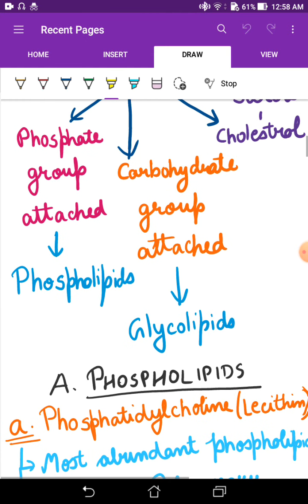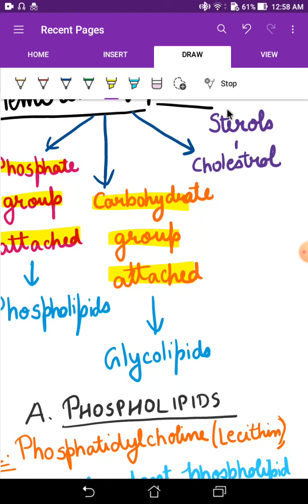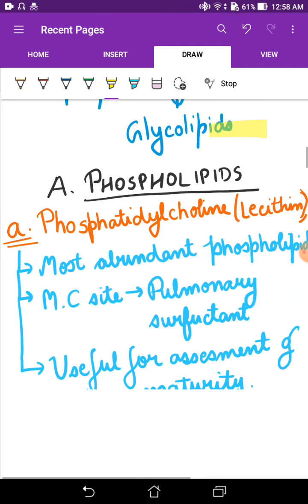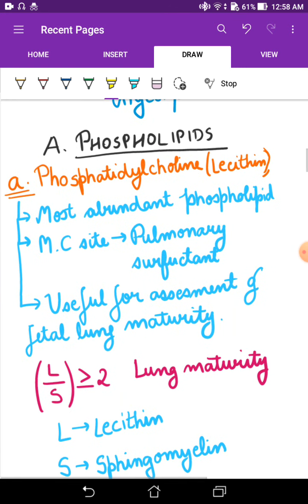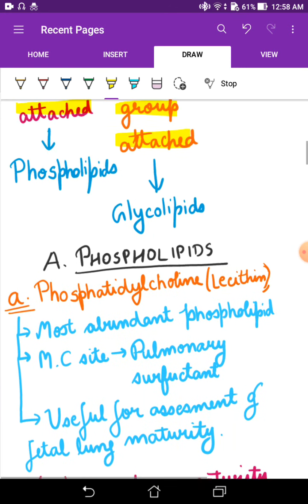The first one, lipids that have a phosphate group attached, are called phospholipids. Then those with a carbohydrate group attached are called glycolipids. And the third one, the sterols, are called cholesterol.